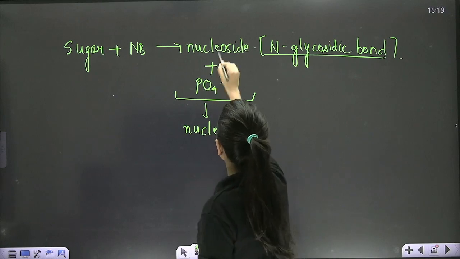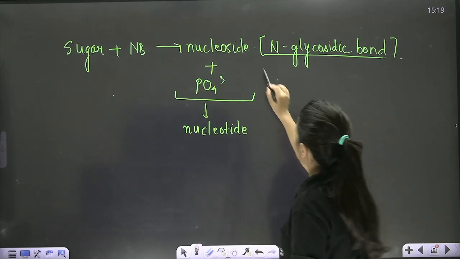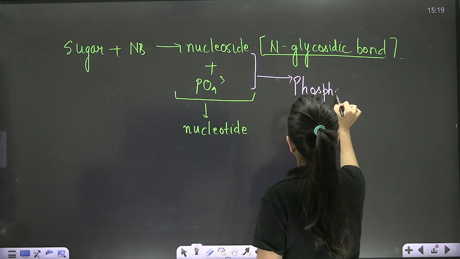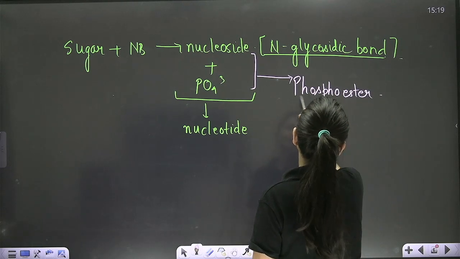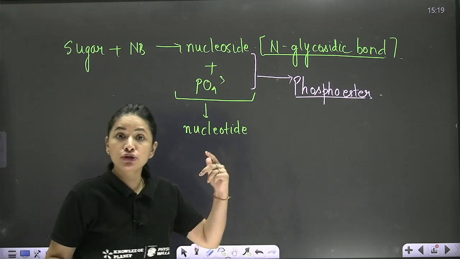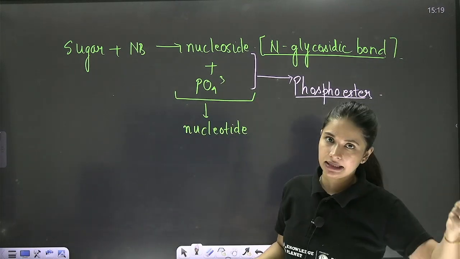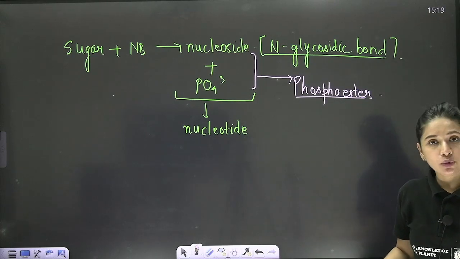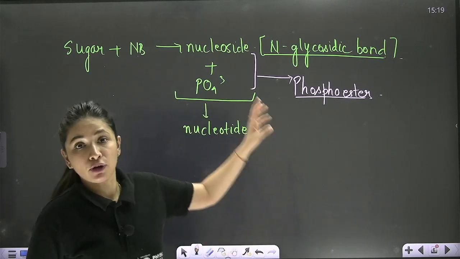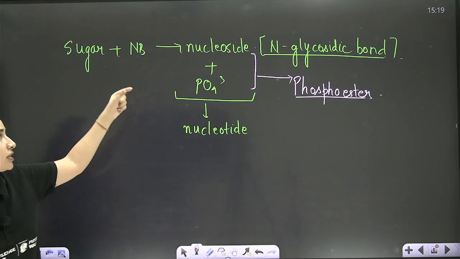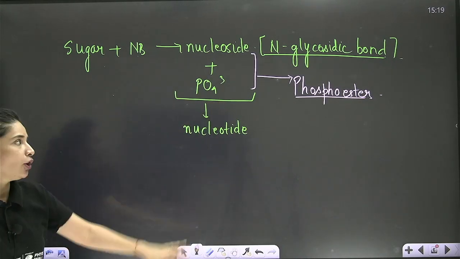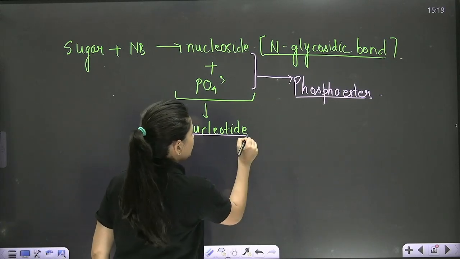For the attachment of phosphate to the nucleoside at the fifth carbon, the bond required is the phosphoester bond, right? So one nucleotide consists of how many bonds? 2 bonds: glycosidic and ester. The glycosidic bond makes a nucleoside, which is the attachment between the sugar and the base, whereas the phosphoester bond attaches the phosphate group to the fifth carbon of the sugar, hence making the complete nucleotide.